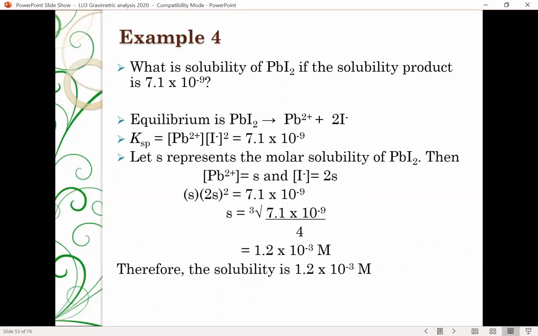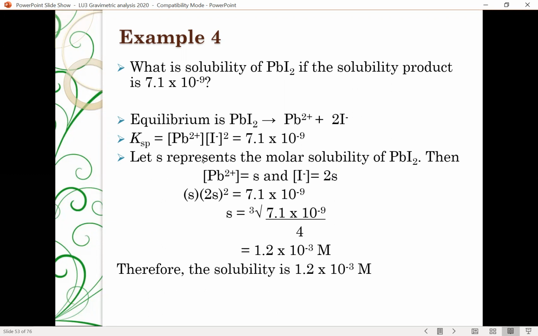Now we have the equilibrium of PbI2. When it dissociates, it becomes Pb2+ and 2I-. So this is a balanced equilibrium equation. You have 1 Pb and 2 I on both sides. So the Ksp just now is Pb2+ times iodide squared, as has been mentioned.